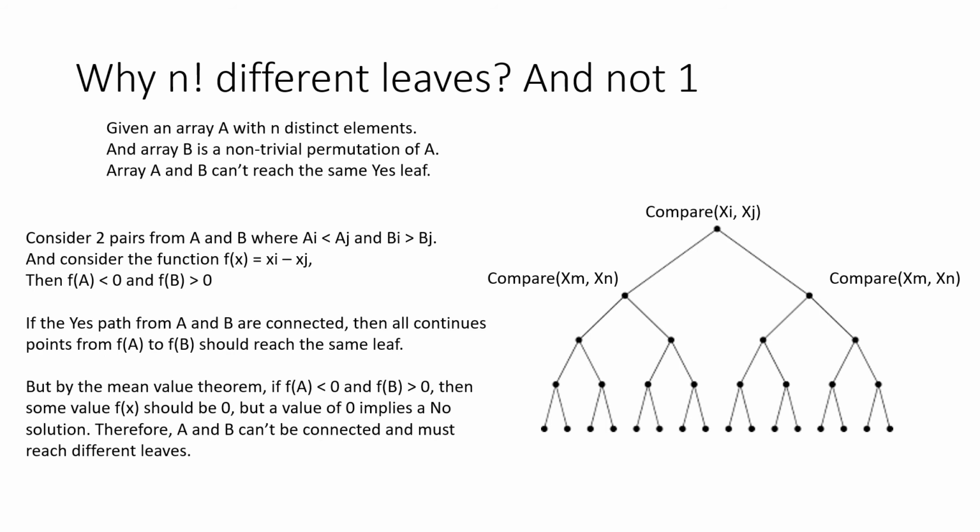Therefore, A and B cannot be connected because at that point 0, it means that we had a branching point where A took one branch and B took the other branch. So they cannot be in the same path. They must have split somewhere in between.